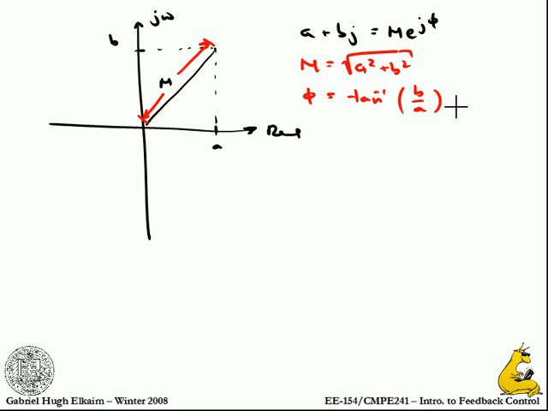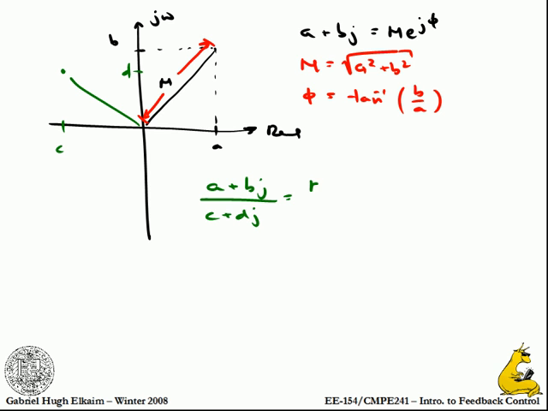Okay. Now, what if I have a ratio of two complex numbers? What if I have another number, which, let's put it out here, there's going to be c, and here's going to be d. And I want to know what I've got: a plus bj divided by c plus dj.